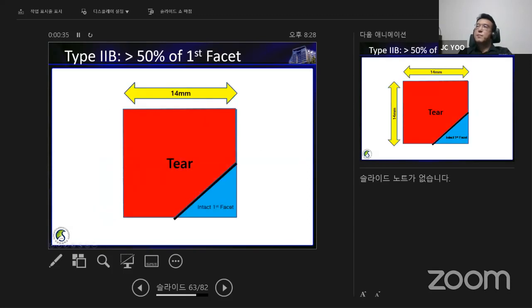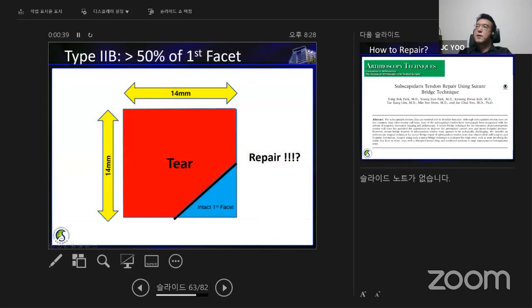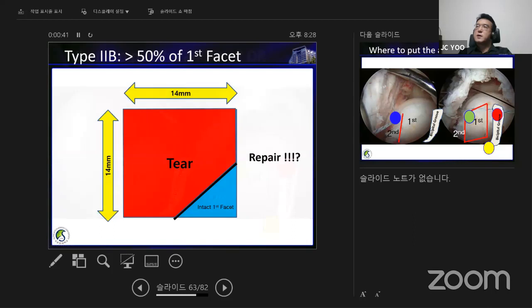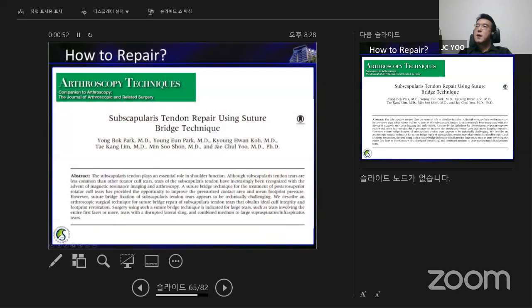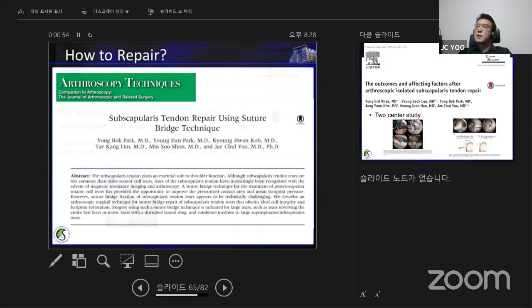And then if you have the big tear, like if the entire first facet is exposed, and then you want to know how you're going to repair this, this is my usual construct, because the first facet here and second here, you can put your anchor and do a double row. You can look up our techniques there.